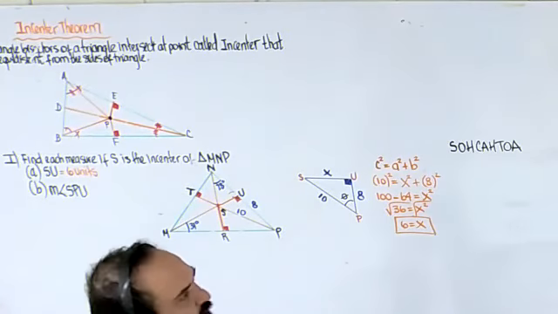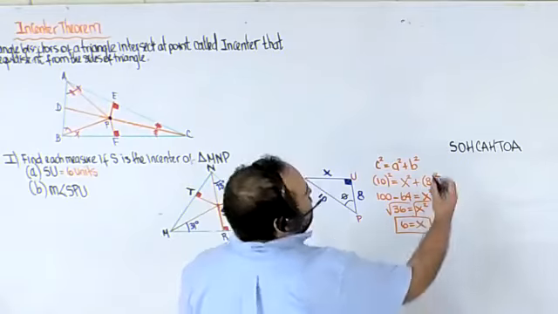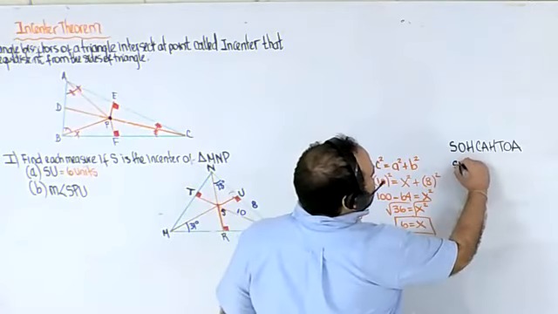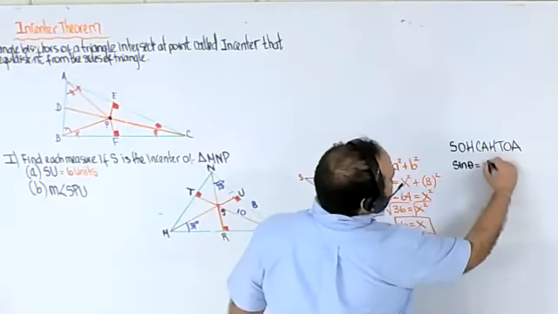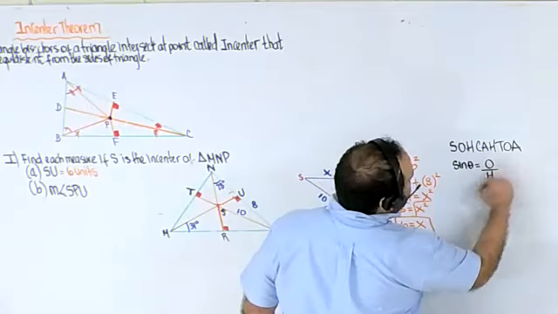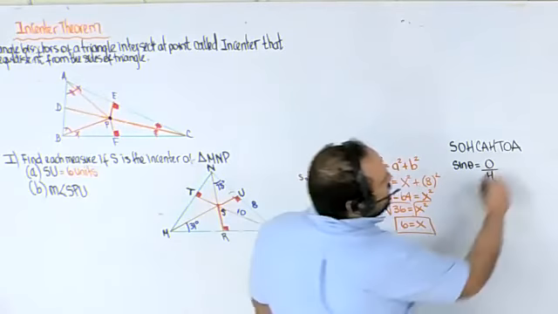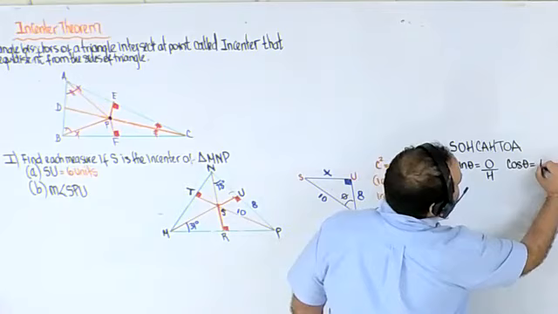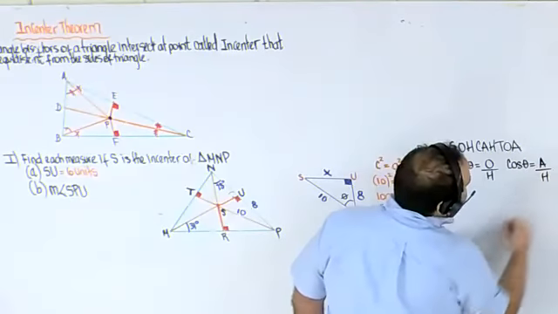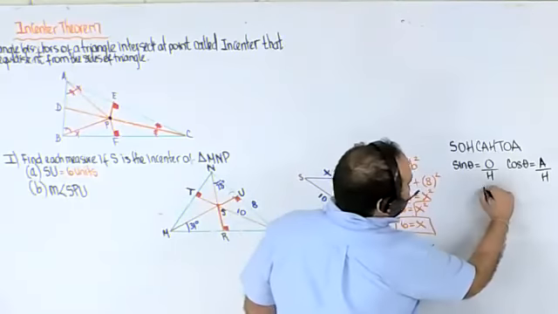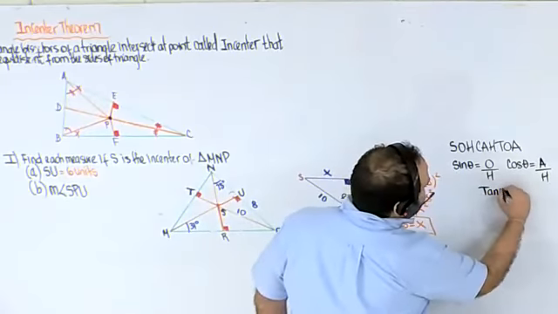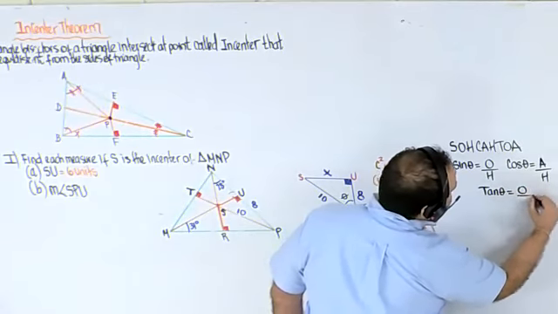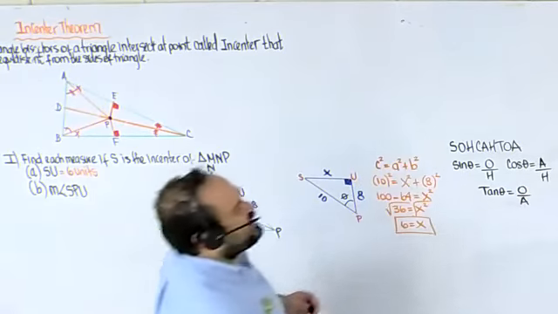The letter S represents the function sine of theta. Remember, sine of theta represents opposite over hypotenuse. Cosine theta represents adjacent over hypotenuse. And the third one, tangent theta, will be opposite over adjacent.